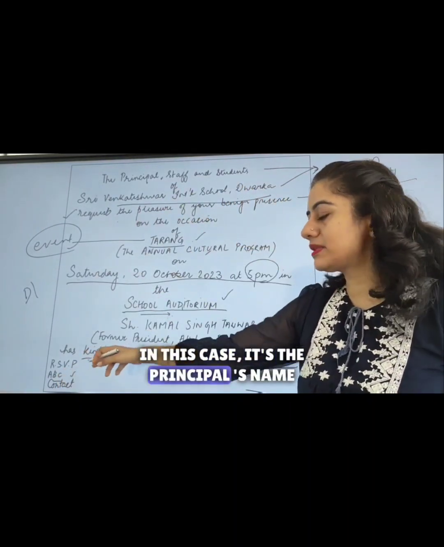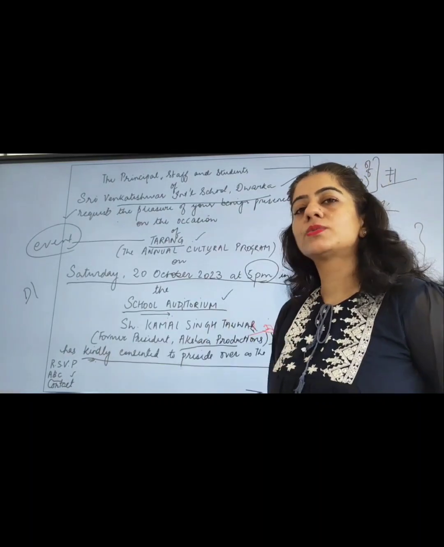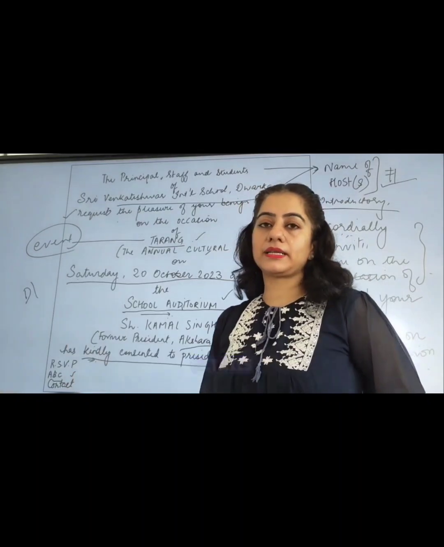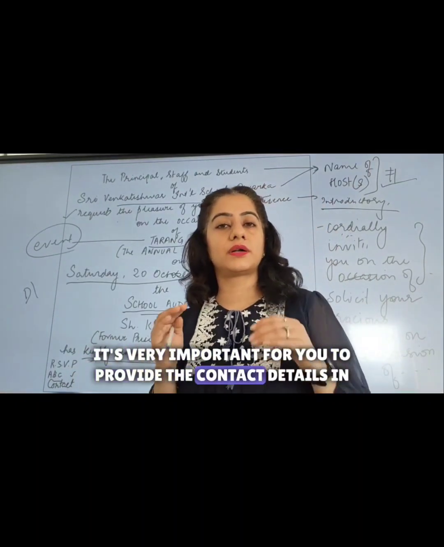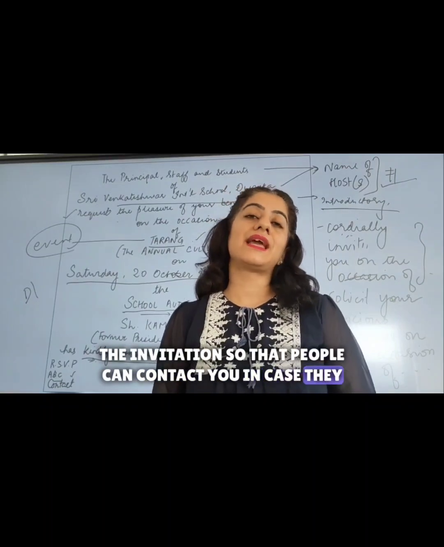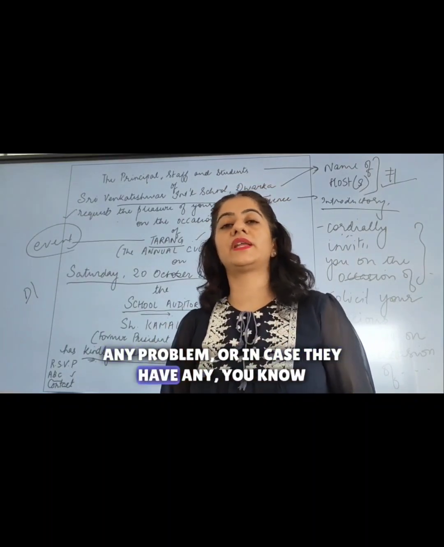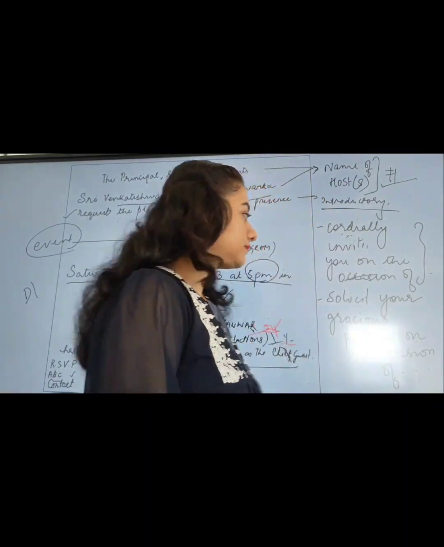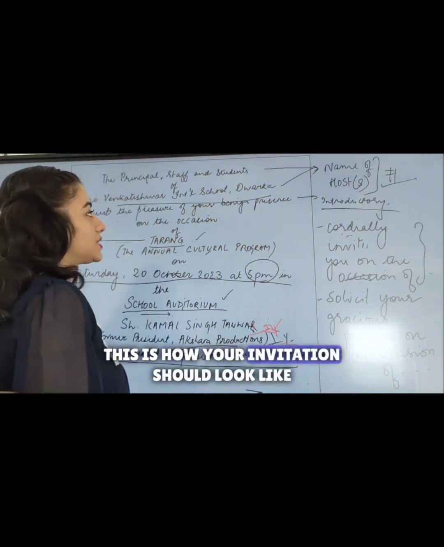In this case, it's the principal's name. If it's not given in the question, you will simply write ABC or XYZ, followed by contact details. It's very important for you to provide the contact details in the invitation so that people can contact you in case they have any problem or any questions or queries to put forth. This is how your invitation should look.